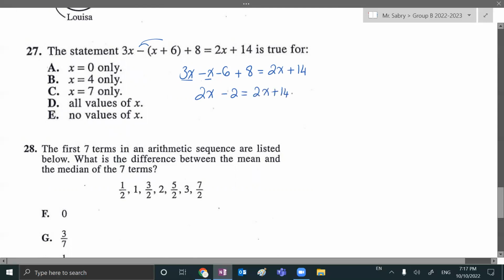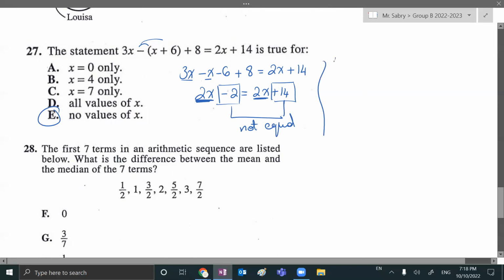When you reach a level where the x's on the left and the x's on the right are exactly equal to each other, just like this, 2x and 2x, check if the rest are equal. Check if this is equal to this. Since these two are not equal, there is no value for x that would ever make this equation true. There's no value of x.